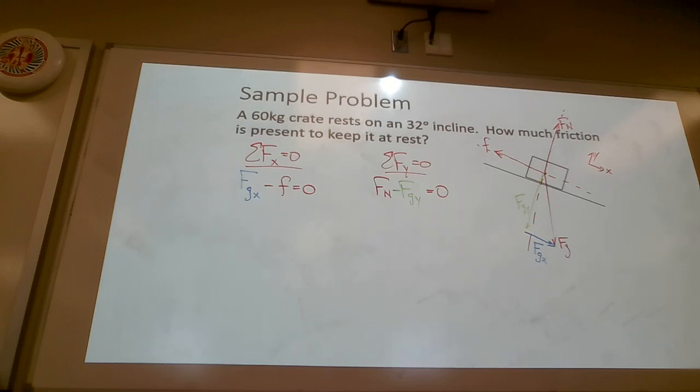How'd we do? Grade yourself real fast. A, B, C, D, E, F. What you just did there was the majority of the physics.